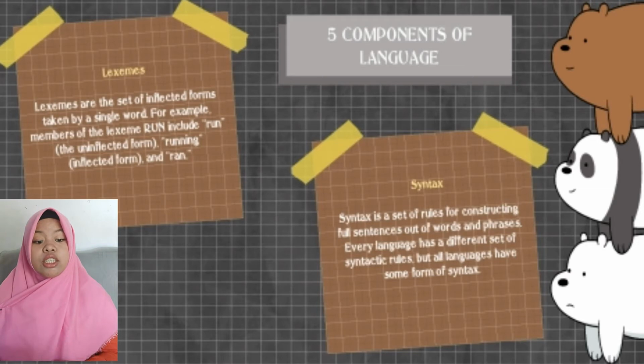Syntax is a set of rules for constructing full sentences out of words and phrases. Every language has a different set of syntactic rules, but all languages have some form of syntax.